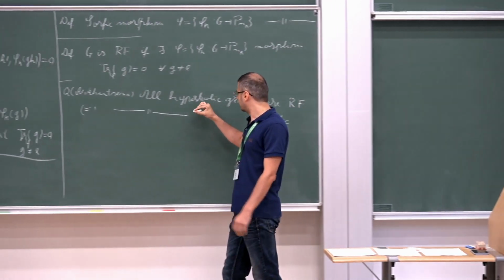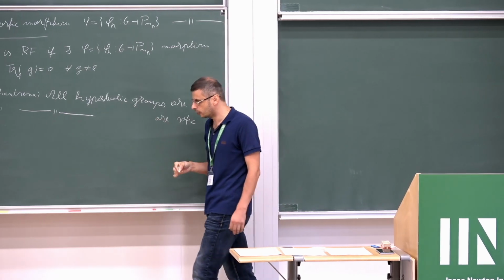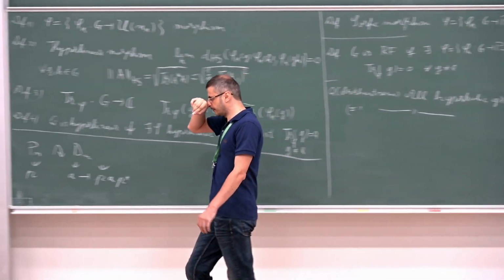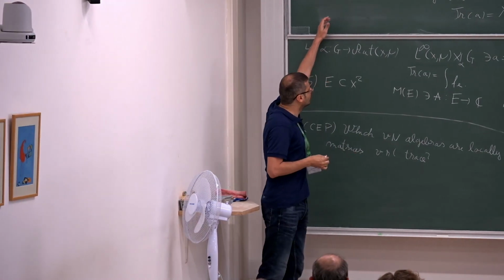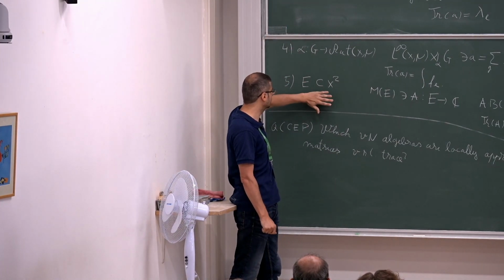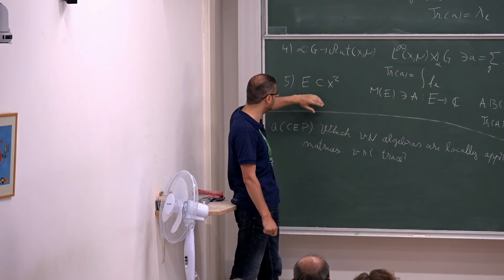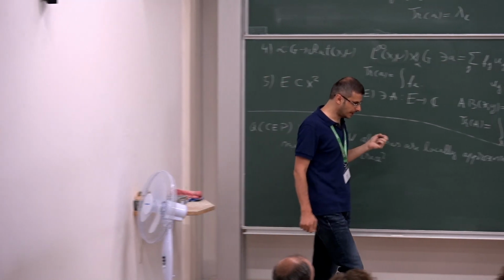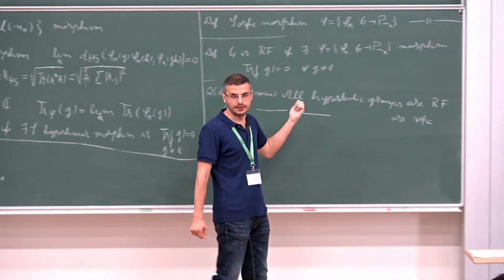So why would we care about soficity of hyperbolic groups? Well, free groups are sofic, they are residually finite, but more than that, treeable objects like treeable groups or treeable equivalence relations are sofic. I didn't write what it means for an equivalence relation to be sofic, but the ingredients are on the blackboard. So what I want to say is that it's easy to use treeability to prove soficity.